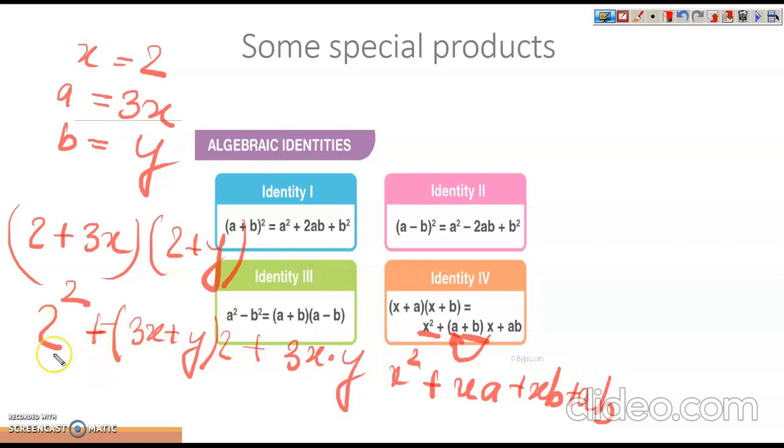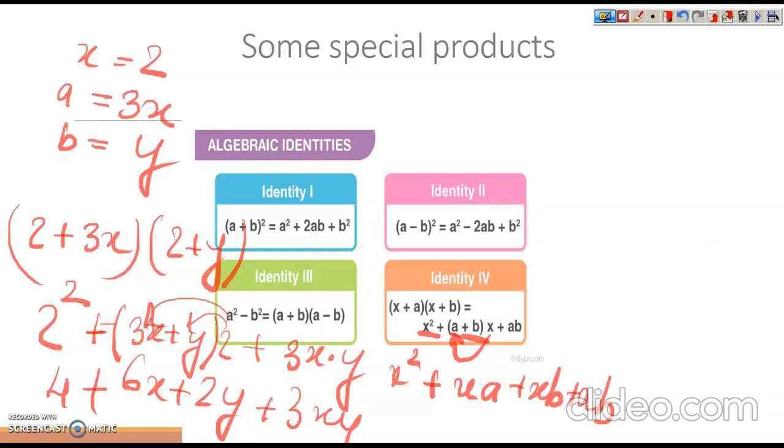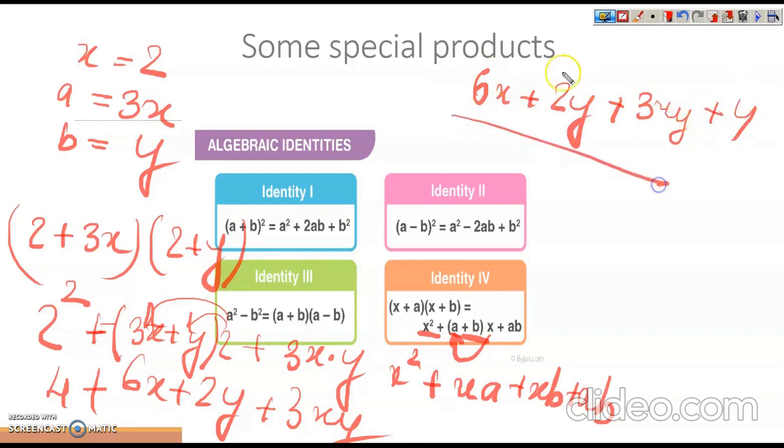When we solve this, we will get 4 plus, when we multiply this, 2 multiplied by 3 is 6x, plus 2y plus 3xy. This will be our answer, and to arrange it in order, it will be 3xy plus 6x plus 2y plus 4. This will be our answer.